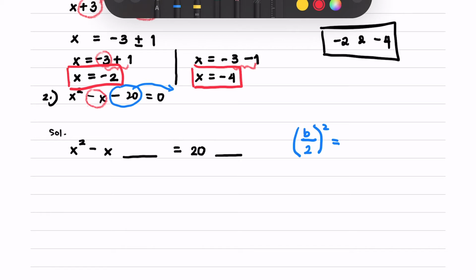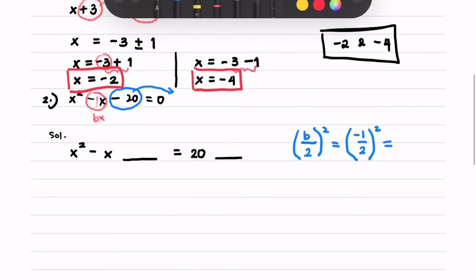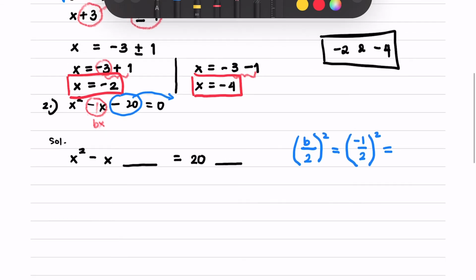So, since walang naka-indicate na numerical coefficient nakatabi ni x, ibig sabihin nun, that is invisible 1. So, ilalagay din natin pati yung sign. So, ang sign ng b natin is negative 1 over 2 squared.